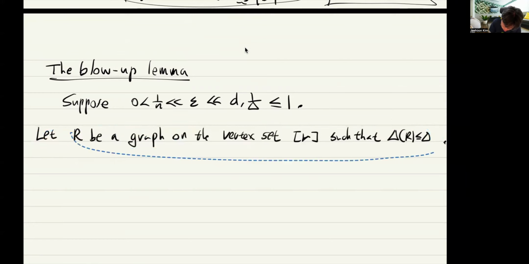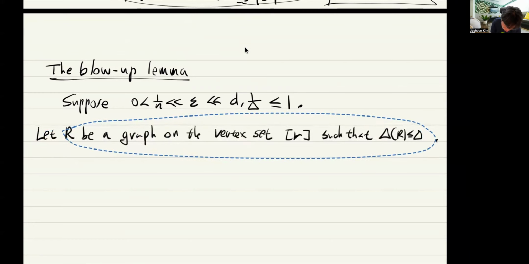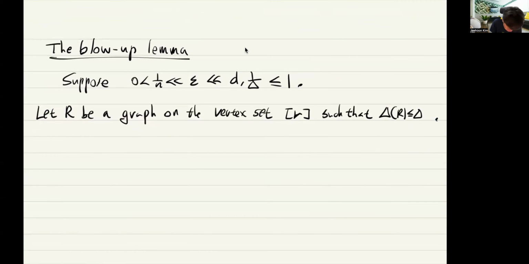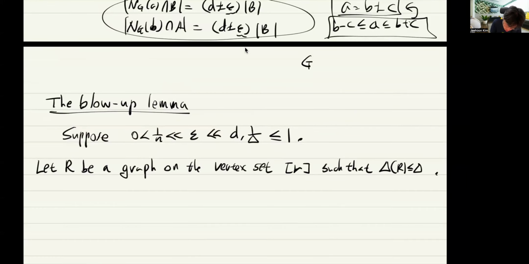This will be our reduced graph. And we will write G and H. H is the graph that we want to find inside of G, so this is like the host graph and this is like the guest graph. You want to embed H into G. And let H be an n-vertex graph.